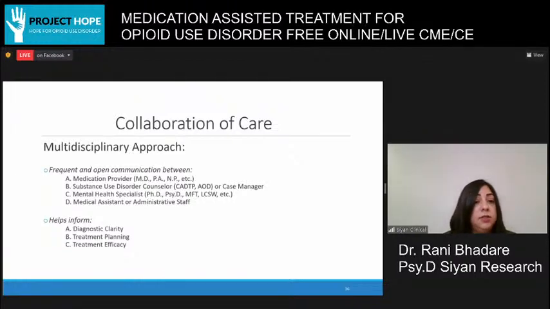The multidisciplinary approach also involves C, the mental health specialist, who can be useful in treating comorbid disorders or underlying issues that also impact the addiction. And then D, medical assistants or admin staff are essential in helping to schedule the patient, remind them of follow-ups, and assist with UTOXs. Together, working as a team helps inform A, diagnostic clarity, B, treatment planning, and C, treatment efficacy.